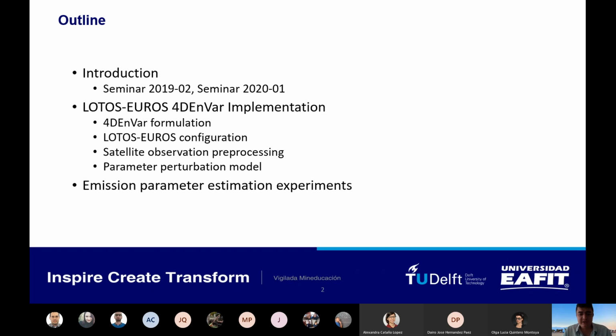Finally, I'm going to show the current results of the emission parameter experiment, and let's go.